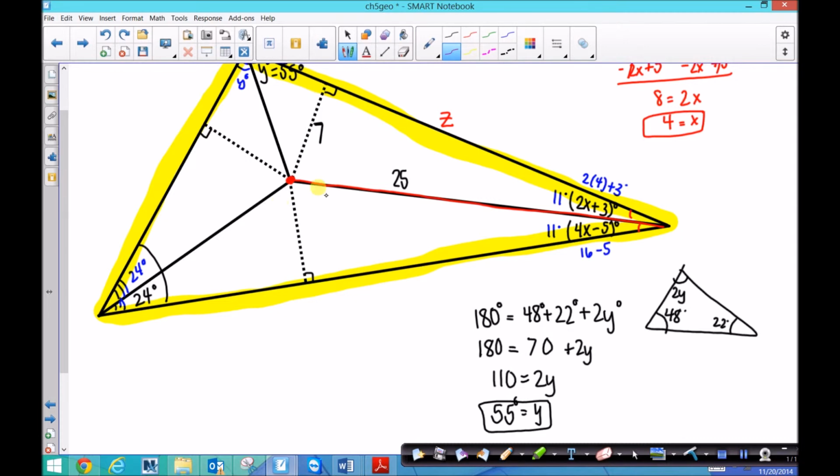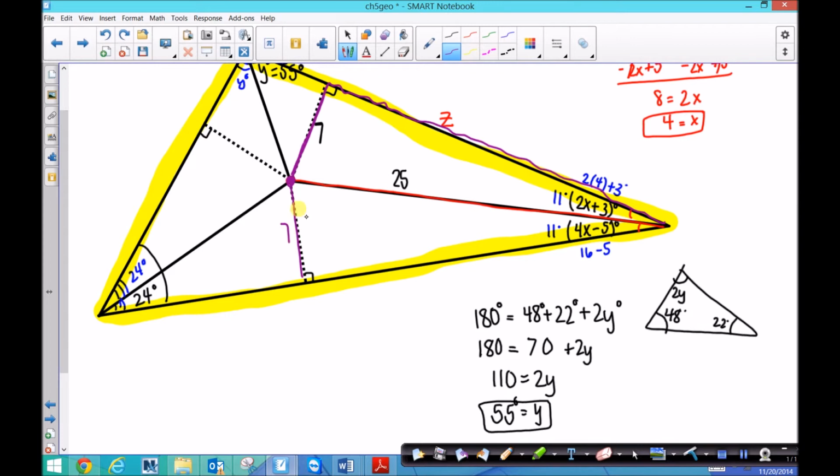And looking at our picture in here, z, we can see that it's on a segment length. X and y were both angles, but z is a segment. And for segments, we're not going to use the 180 degrees, but we can think about all the things that we know about segments in triangles where we have the incenter. And one of the things that we know is each of the segments that takes you from the incenter to the side is congruent. So we have 7 on this one.